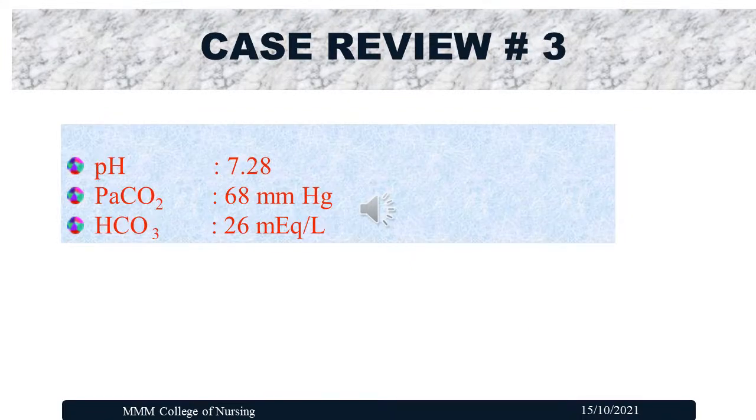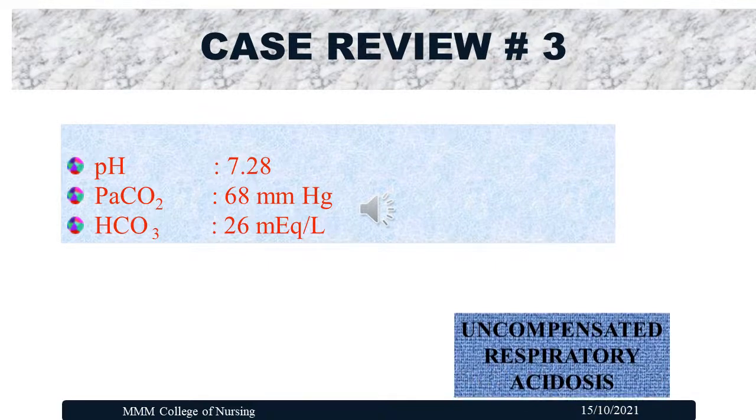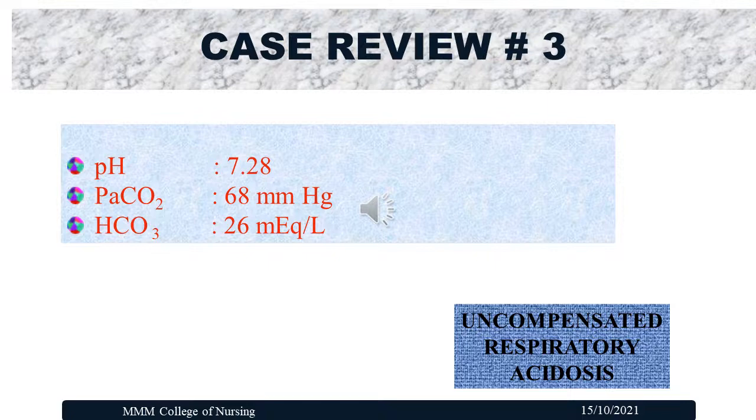The third case review is a pH of 7.28, partial pressure of carbon dioxide which is 68 mmHg and a bicarbonate value of 26 milliequivalent per liter. pH is low, hence acidosis. Partial pressure of carbon dioxide is high, hence respiratory acidosis. Since the bicarbonate values are normal, it is uncompensated respiratory acidosis.